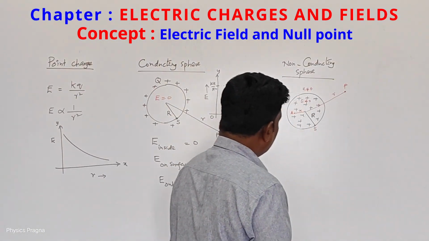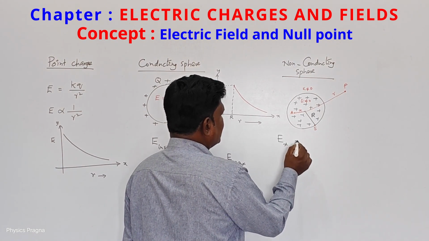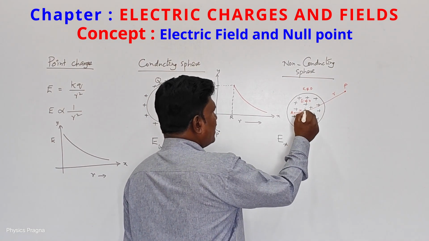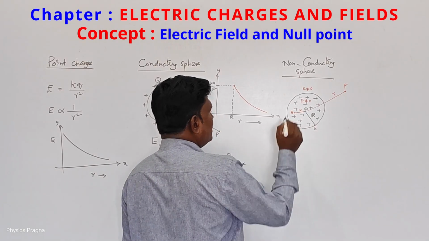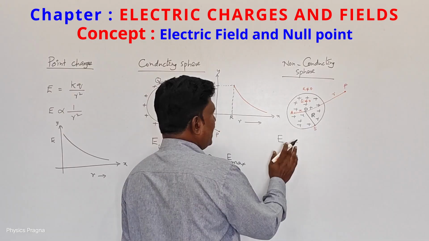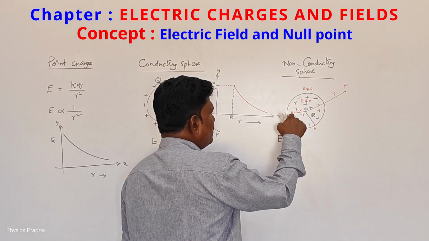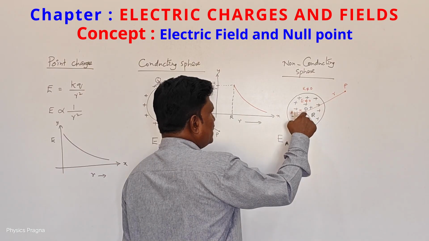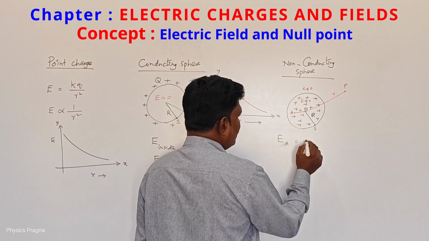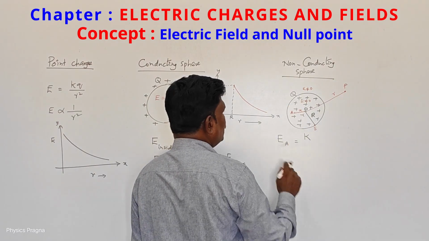See, the electric field at x distance from the origin. This is the center of the sphere. From the center at x distance is point A. How much distance is A from the center? x distance. Let us take the charge here as capital Q, a very big charge.